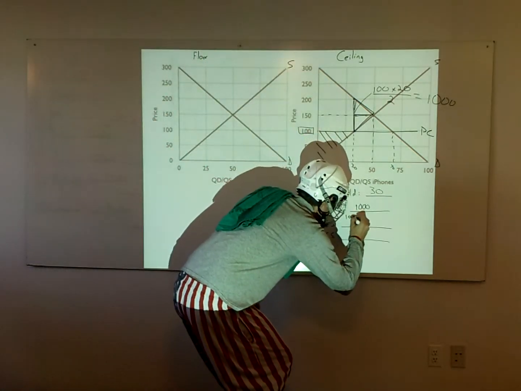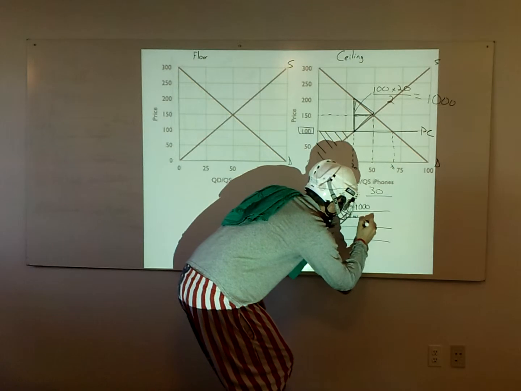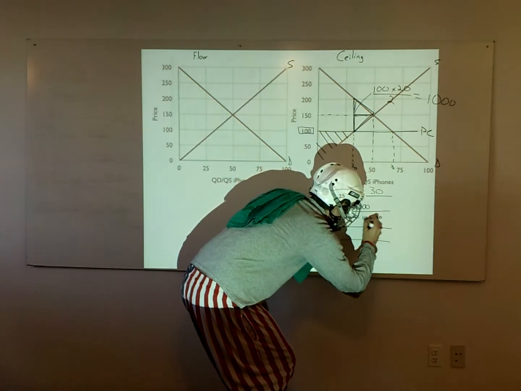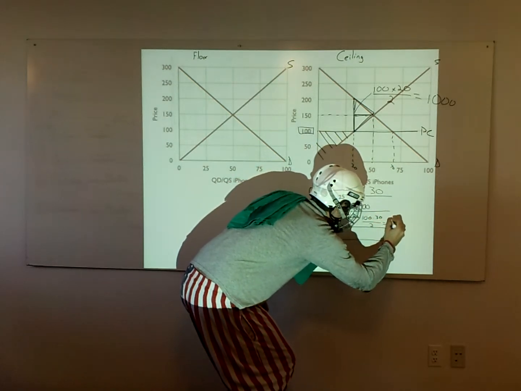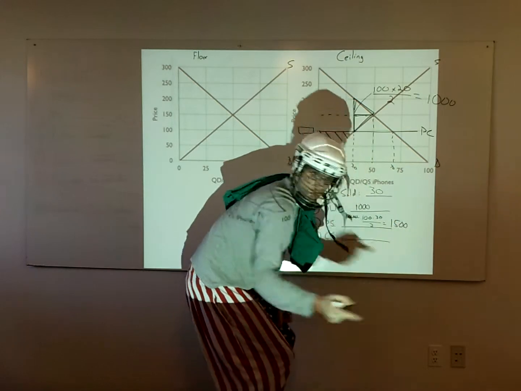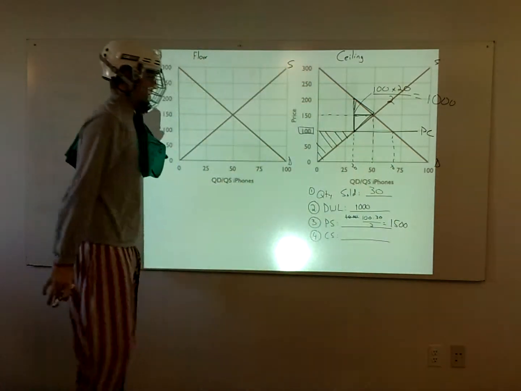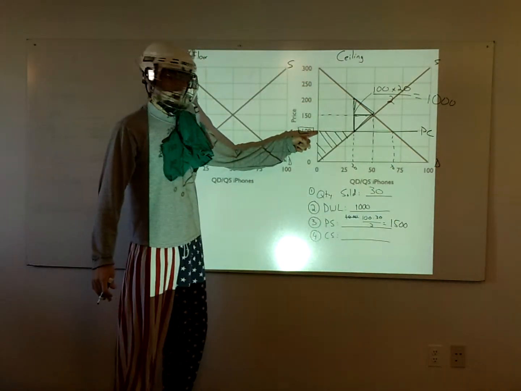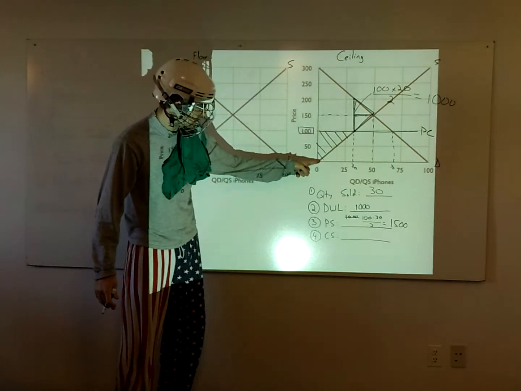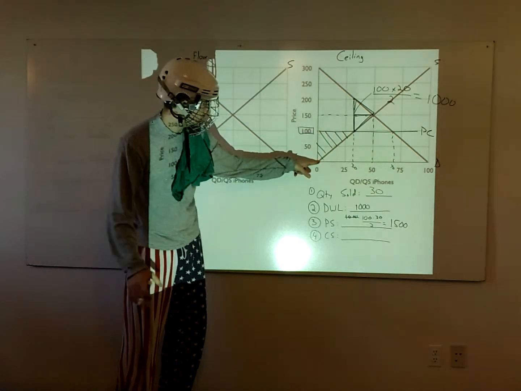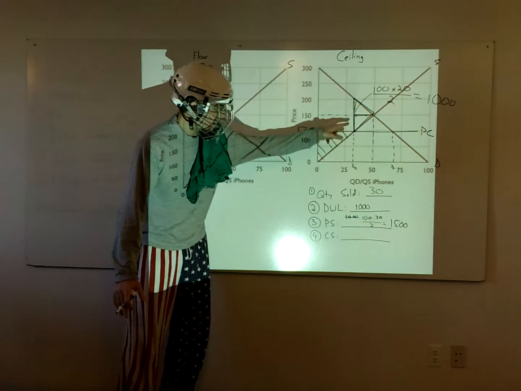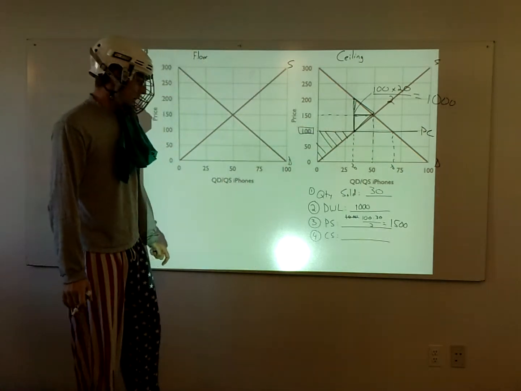So 100, let's try that again, 100 times 30 divided by 2, 1,500? Huh? So remember, I get $100. Well, it costs me $1. That's a surplus of 99, and on and on and on, all the way up. Okay.